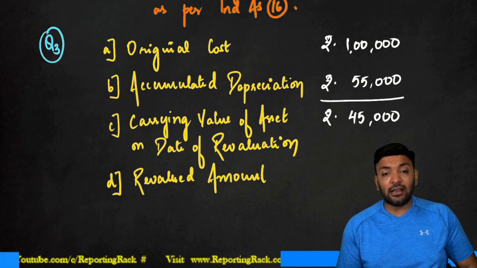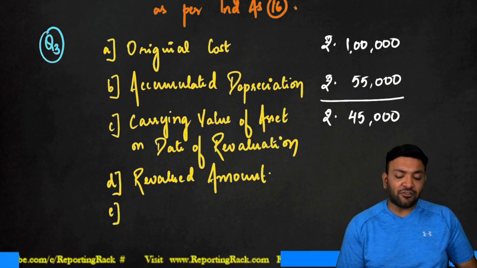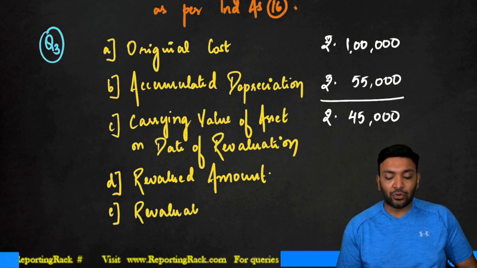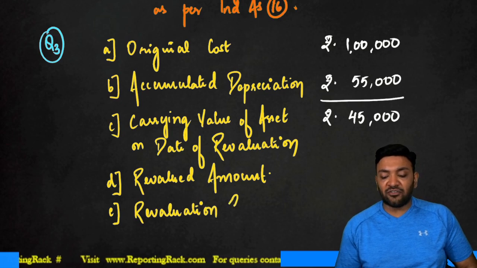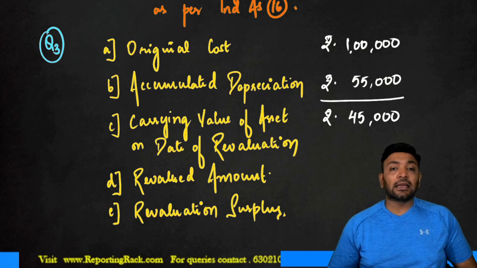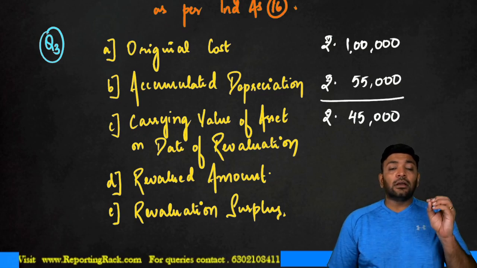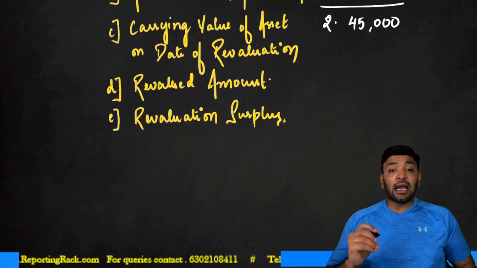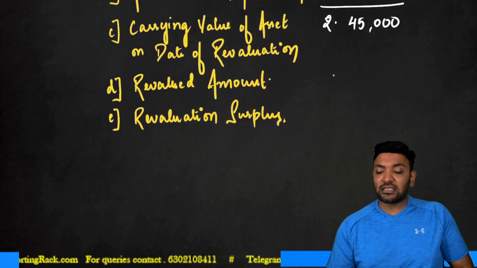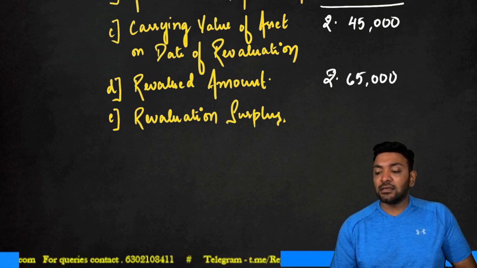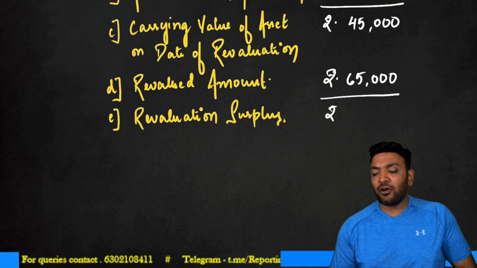You compare with it, you should be able to identify the amount of your revaluation surplus. If the carrying value is 45,000 on the date of revaluation and the revalued amount given to us in the question is 65,000, that means there is a revaluation surplus of 20,000.